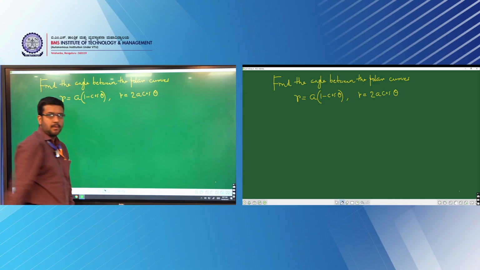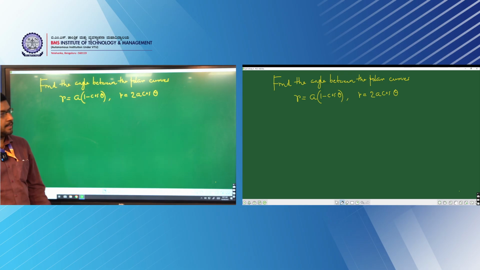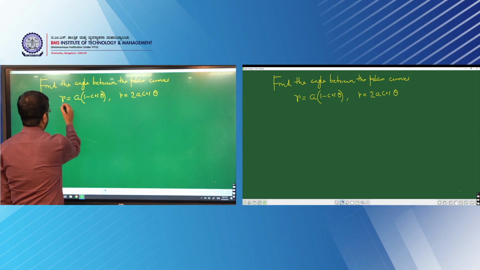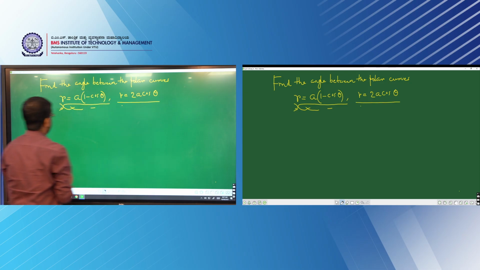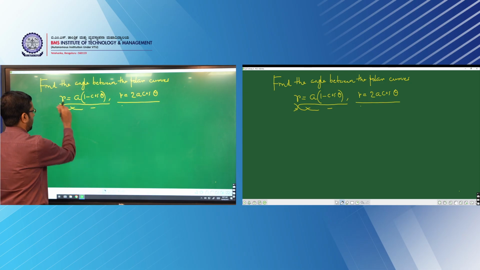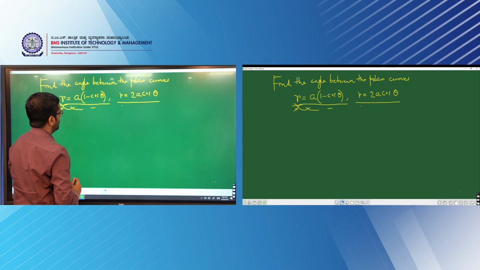So r equal to a into 1 minus cos theta and r equal to 2a cos theta. You see two different polar curves are given, where r is a function of theta. So you have to find the angle between these two polar curves.